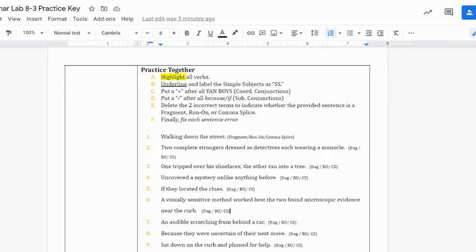Put a minus after all because or if subordinating conjunctions. Then we're going to identify what it is: fragment, run-on, comma splice. We'll delete the two that aren't correct. And then finally, we have to fix the sentence error. Let's do a few of these with my lead and then turn you loose to work either on your own or with some of your classmates.